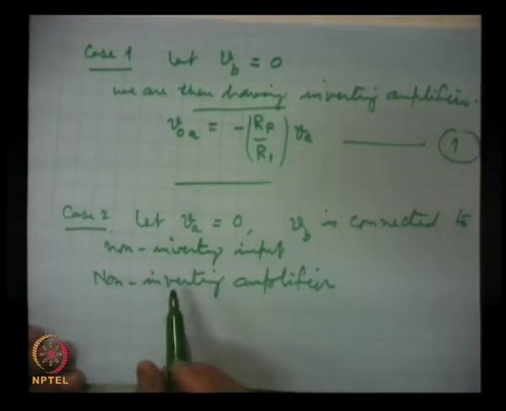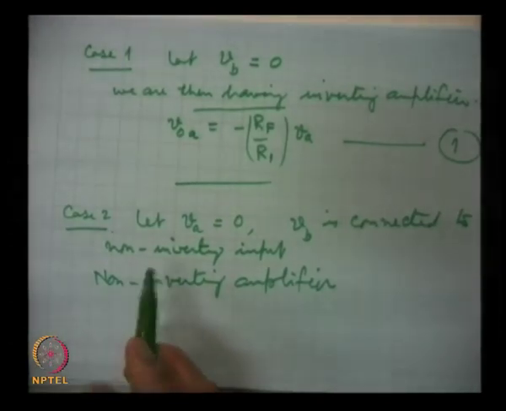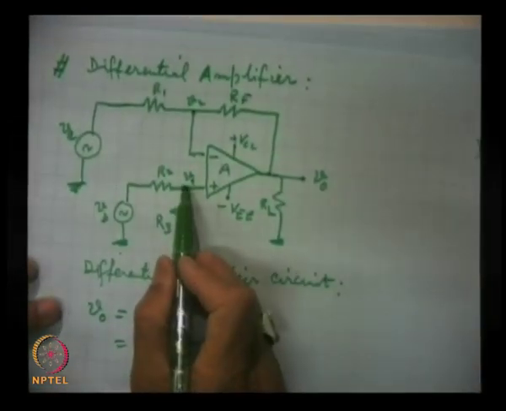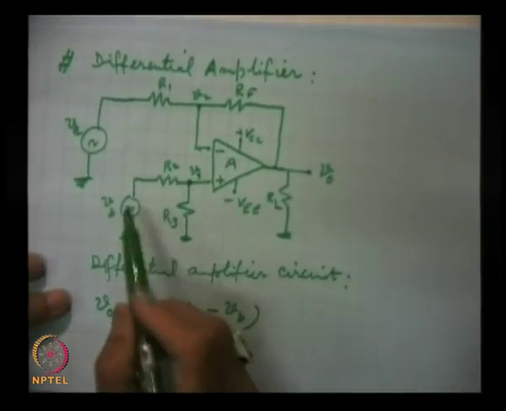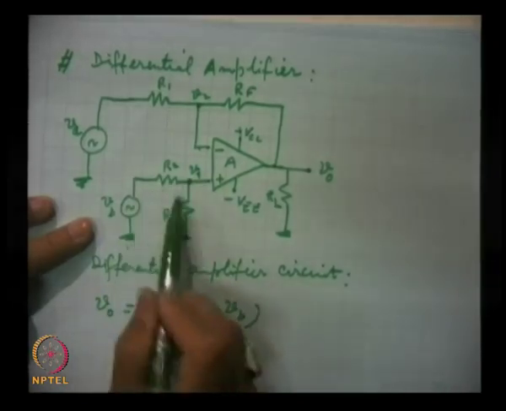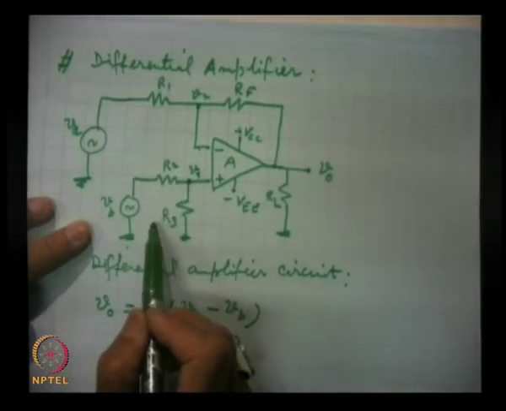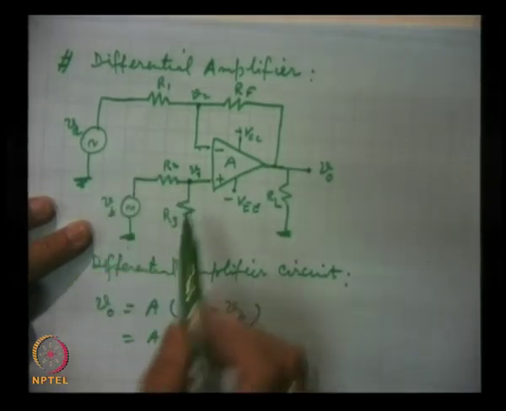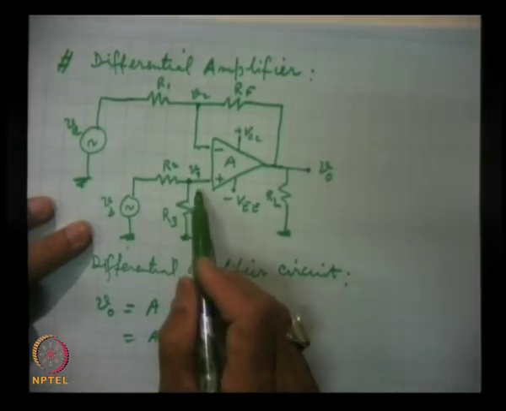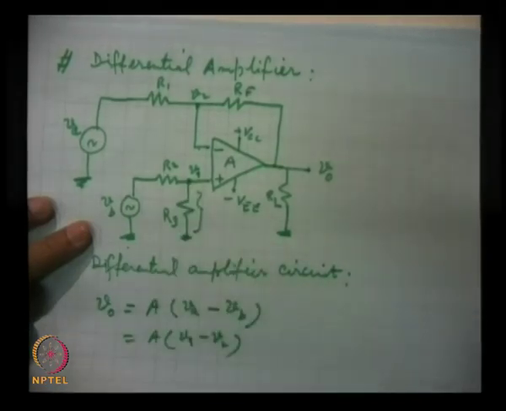Non-inverting amplifier, and here what is this voltage V1? This signal source will send a current of VB by R2 plus R3, and when this current passes through resistor R3, whatever is the voltage developed here, that will be V1.